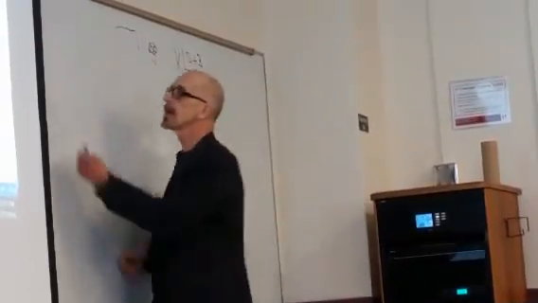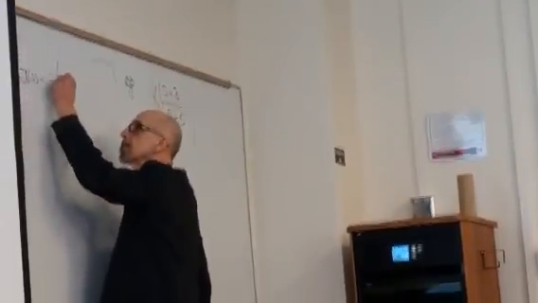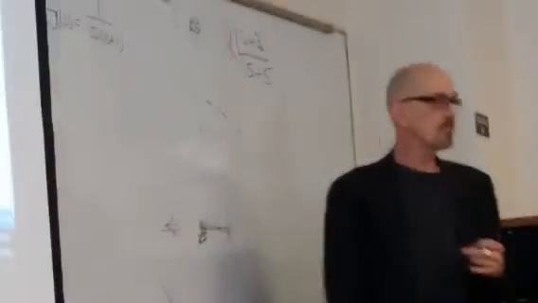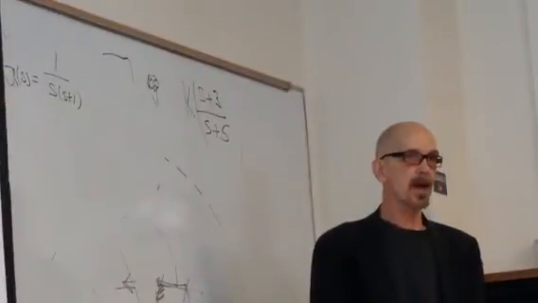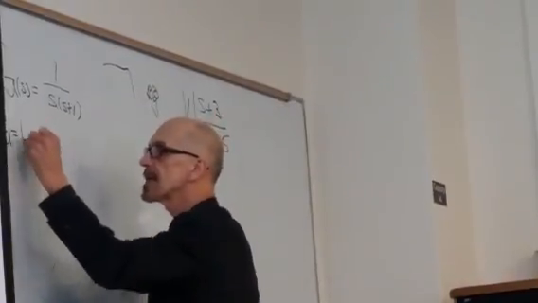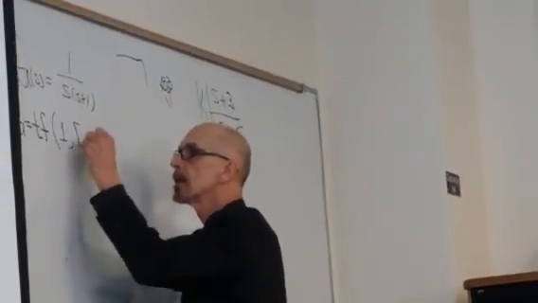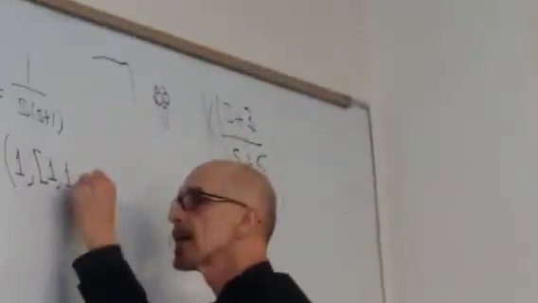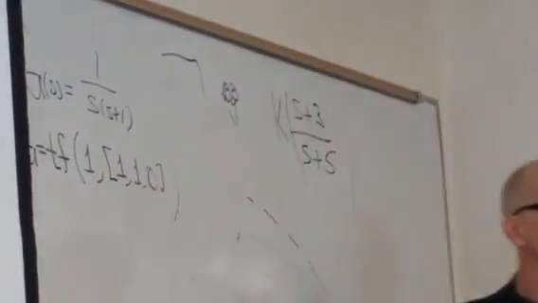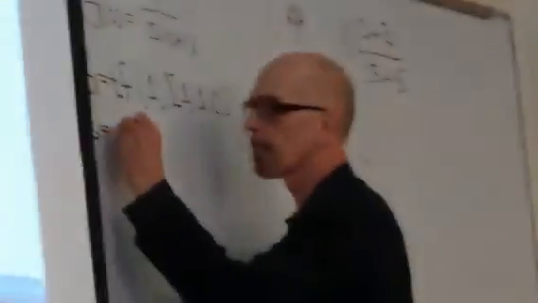If I have this, there are two ways that I can define a transfer function for that thing in MATLAB. One is g equals tf([1], [1, 1, 0]). That's via the coefficients of the polynomials. The other way is this way.